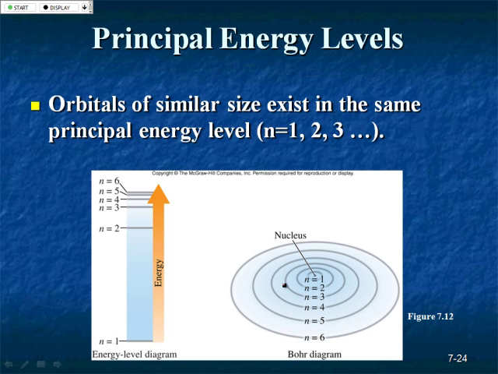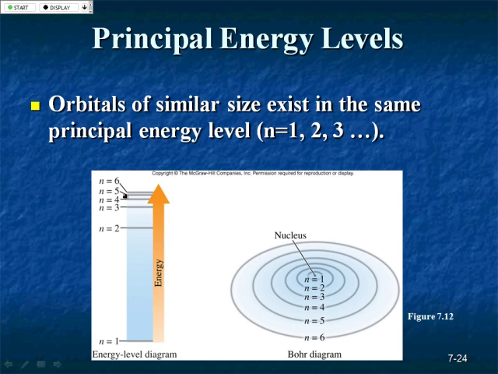So, having said this, we are ready to write the orbital diagrams. So, what are orbital diagrams? Orbital diagrams show the sublevels and orbitals that can exist at each principal energy level, and each box represents an orbital, and a group of boxes represents the sublevel.